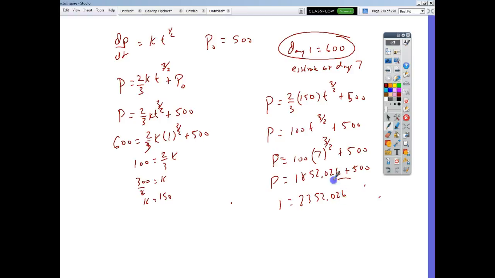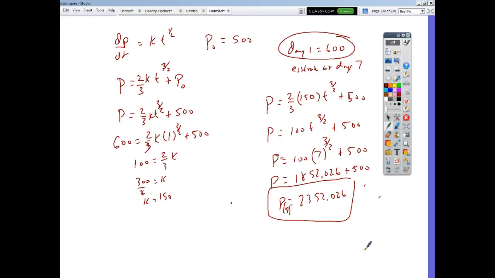Why am I going 3 past the decimal point? Because you have to. It's calculus. I can argue it says estimate. Okay, when they say estimate on the calculus test, what are you going to do? Have 3 decimals. Unless they say estimate to the nearest whole bacteria, or they give you some out phrase. If they don't give you an out phrase, you're going to go 3 past the decimal point because that will never be wrong.